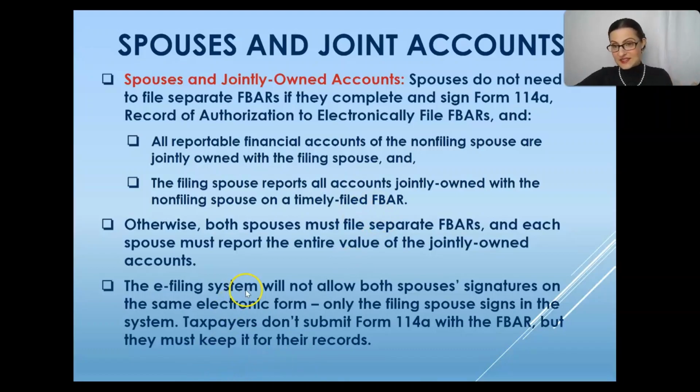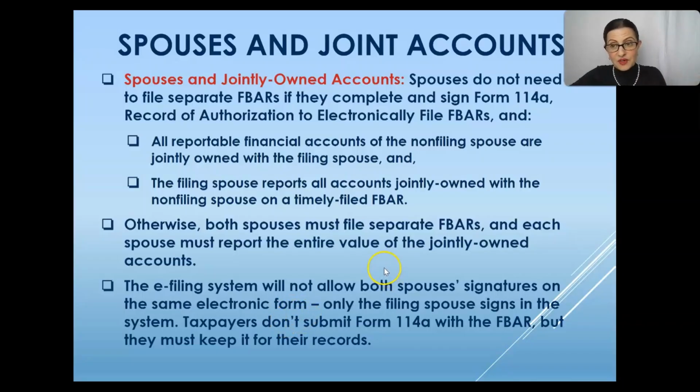Now, the e-filing system, remember this is with FinCEN, where you report this, will not allow both spouses' signatures on the same electronic form. So FBARs are not filed jointly. There's no such thing as a joint FBAR.